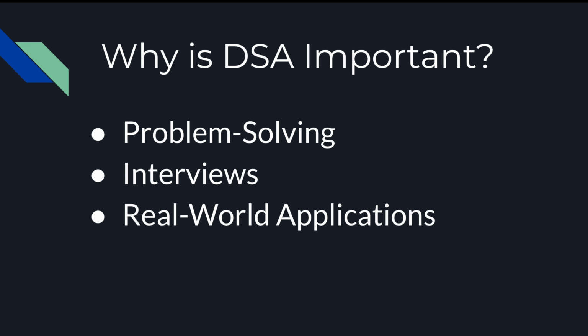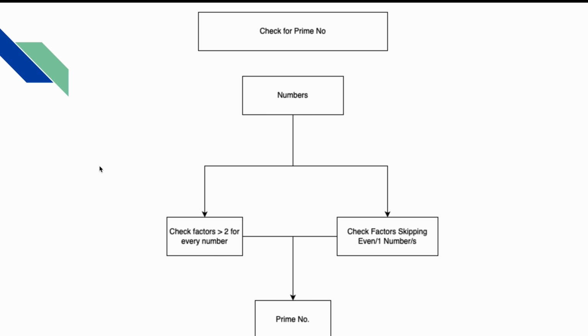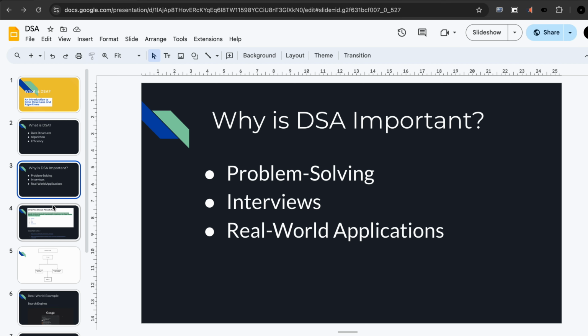First, DSA is crucial for problem solving whenever it's optimizing code, handling large data sets, or developing algorithm for complex tasks. Understanding DSA is essential, and these are the bullet point problem solving interviews, and you know about interviews already, and the real world applications, we'll see it later.